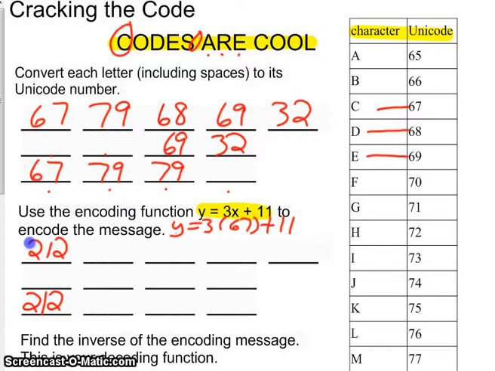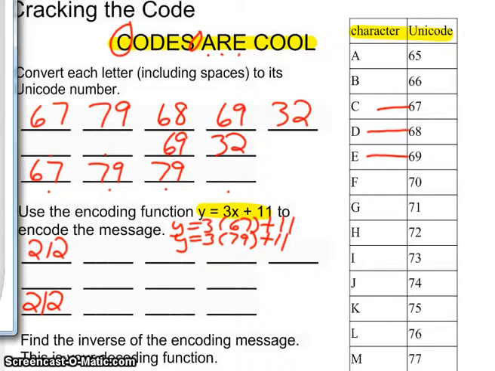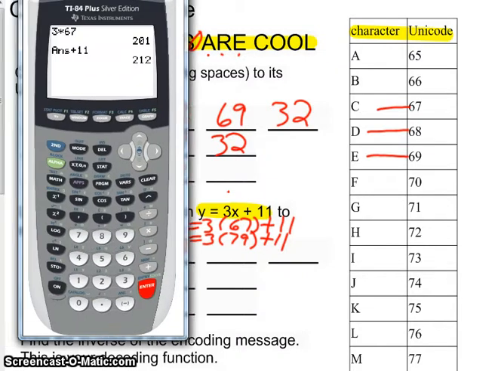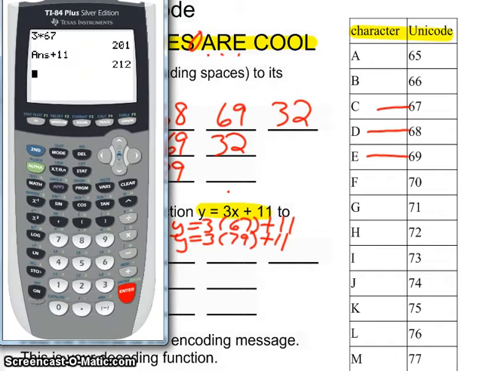So I've got y equals 3 times 79 plus 11. Calculator comes back. 3 times 79 is 237, plus 11 is 248.